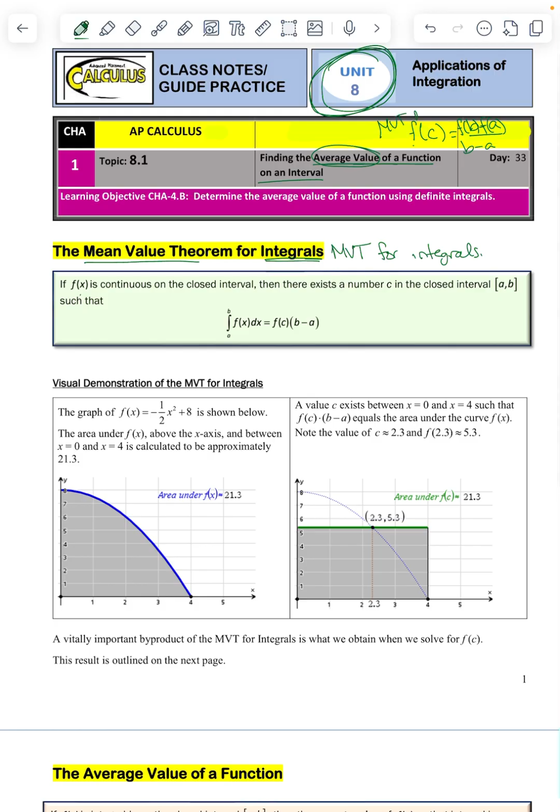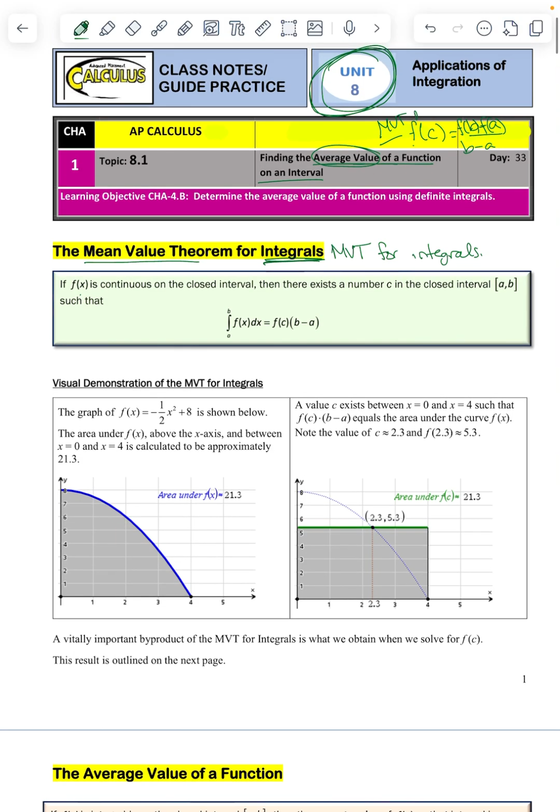This was the mean value theorem for derivatives that said there was an instantaneous rate of change equivalent to the average rate of change somewhere within that interval. So we're doing the same thing, except now we're using it for integrals.